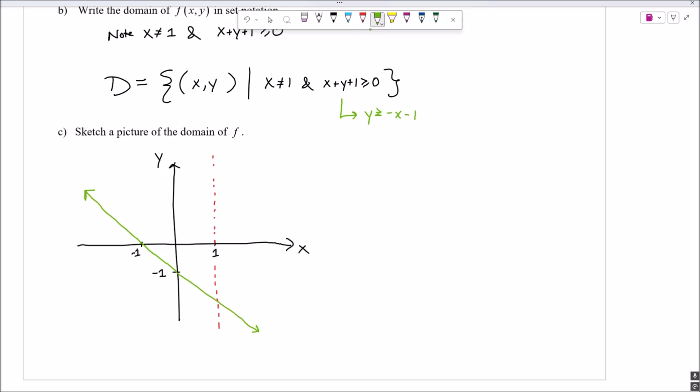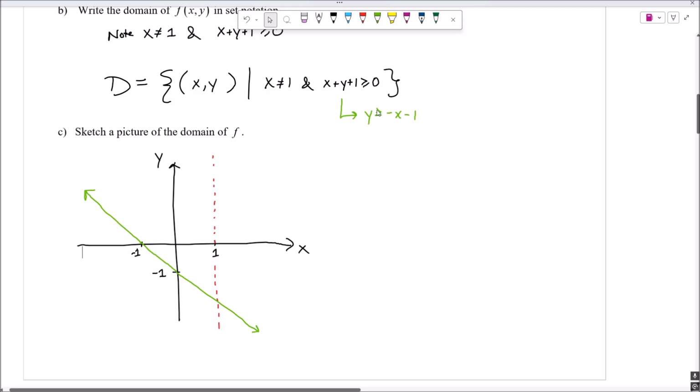I'm sketching this in green because I know that if this property is true, if y is equal to negative x minus 1, that's okay. Any point on the green line is fine. But I'm also okay as long as the y value is bigger than what's on the line. So I'm thinking about this inequality.